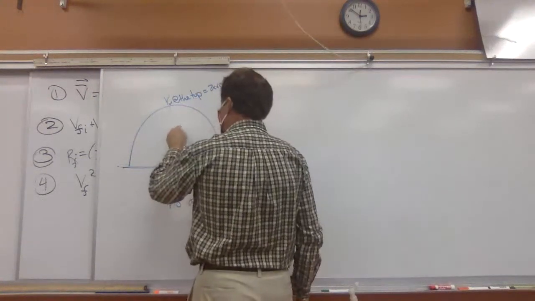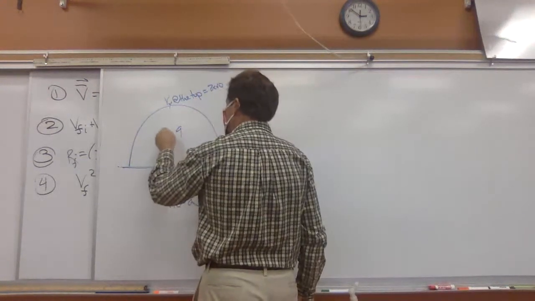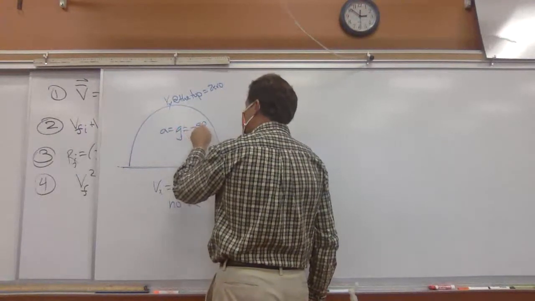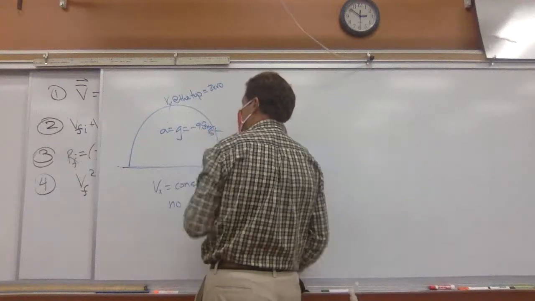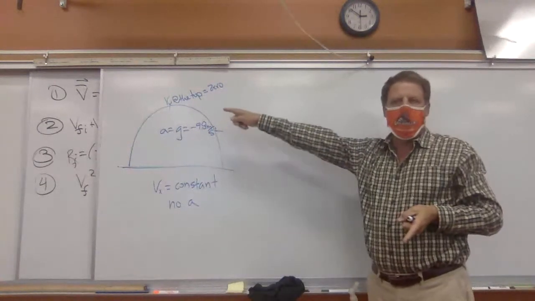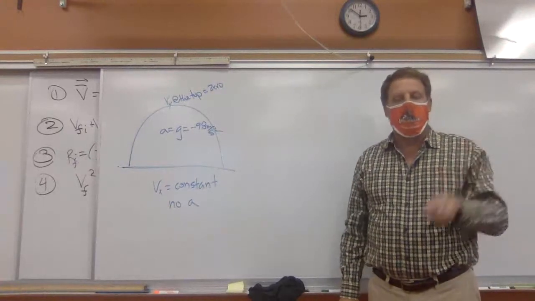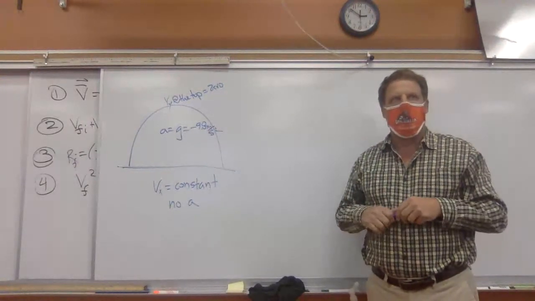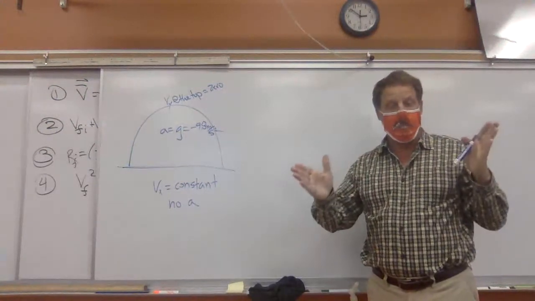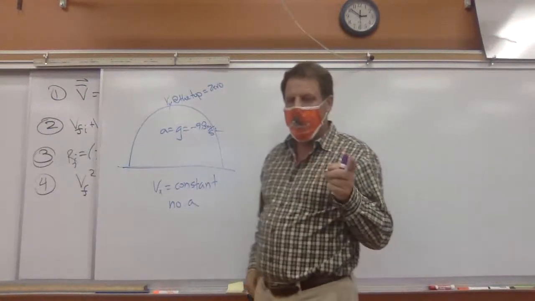And we know that acceleration is equal to g, which is going to be negative 9.8 meters per second squared. We talked about this earlier in the week, week 3 lecture 1, when we talked about moving in 2 dimensions.